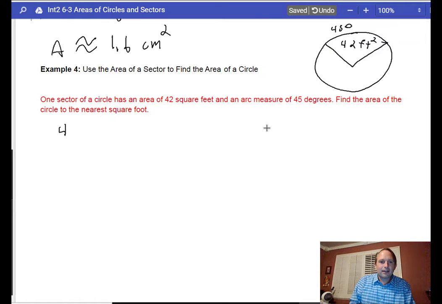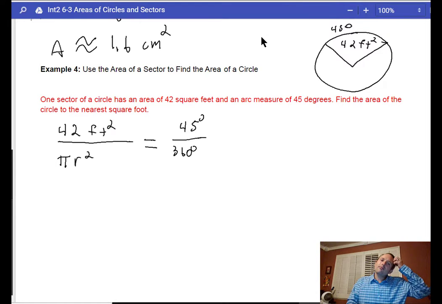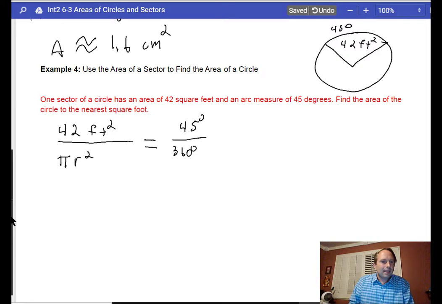I know that I have 42 feet squared divided by pi r squared is equal to, well, I know it's 45 degrees over 360. Well, I want to get this area right here.